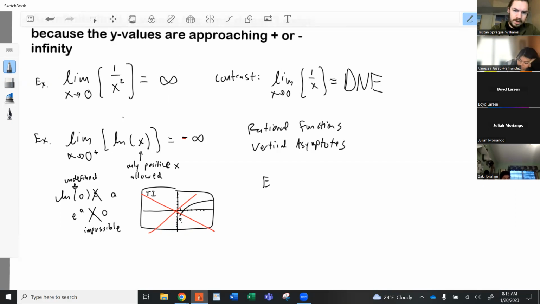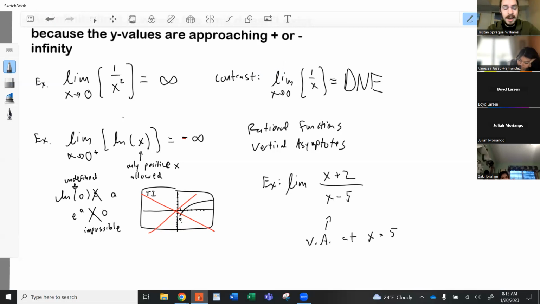So, for example, if you have something like x plus 2 over x minus 5, this is going to have a vertical asymptote at x equals 5, right?